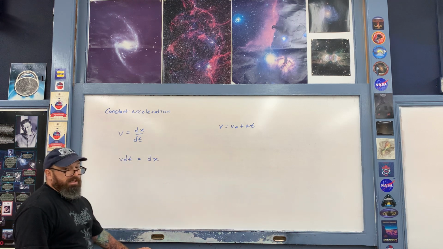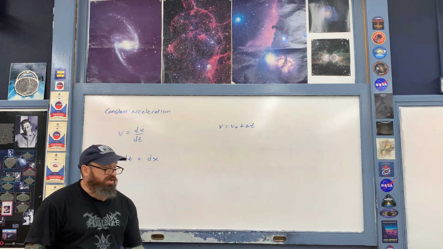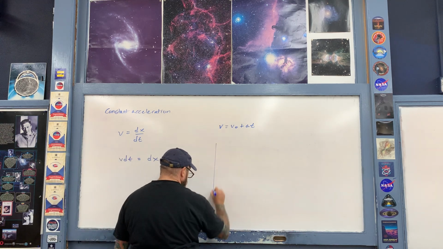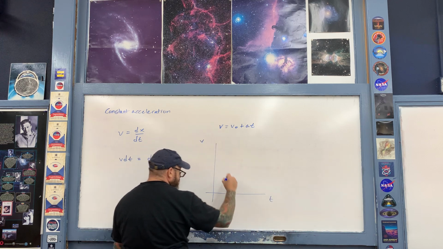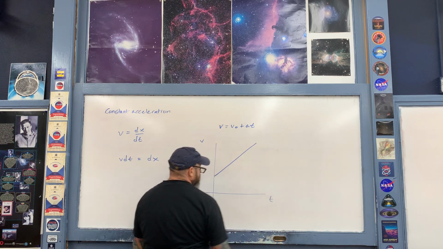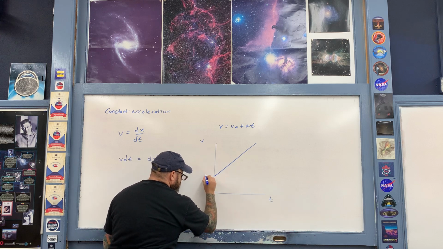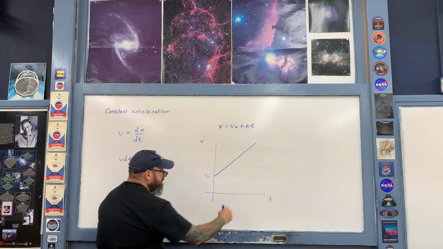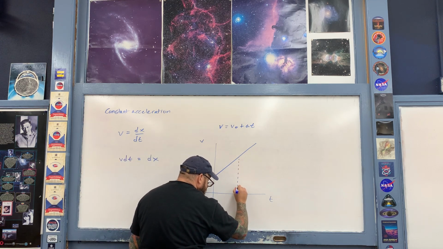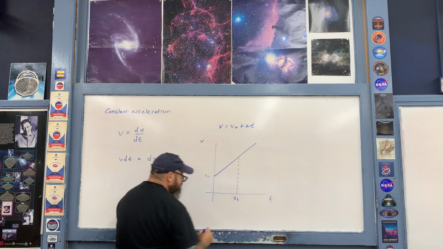And now in terms of a graph, here's what's being described. Here's a graph of velocity with respect to time, and let me just draw a line like so, where we have here an initial velocity v0 and the slope of the line is the acceleration a. Let's take a look at an infinitesimally small amount of time right here, dt.